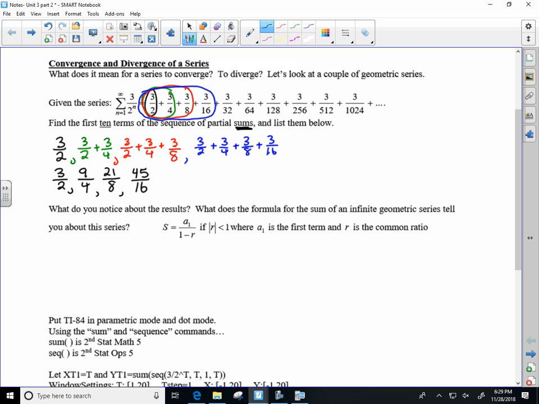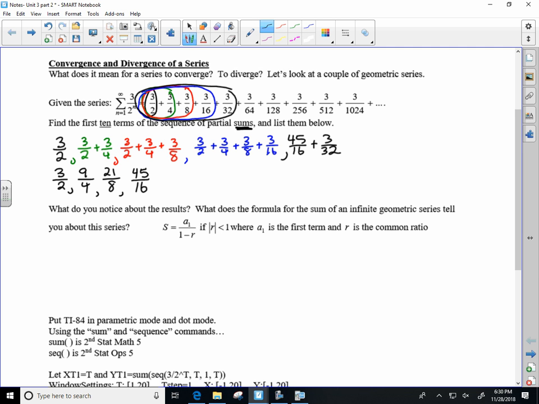Because the more terms that we incorporate, the more accurate our cumulative sum becomes. So the next one, I'm really just taking my previous answer and adding to it.